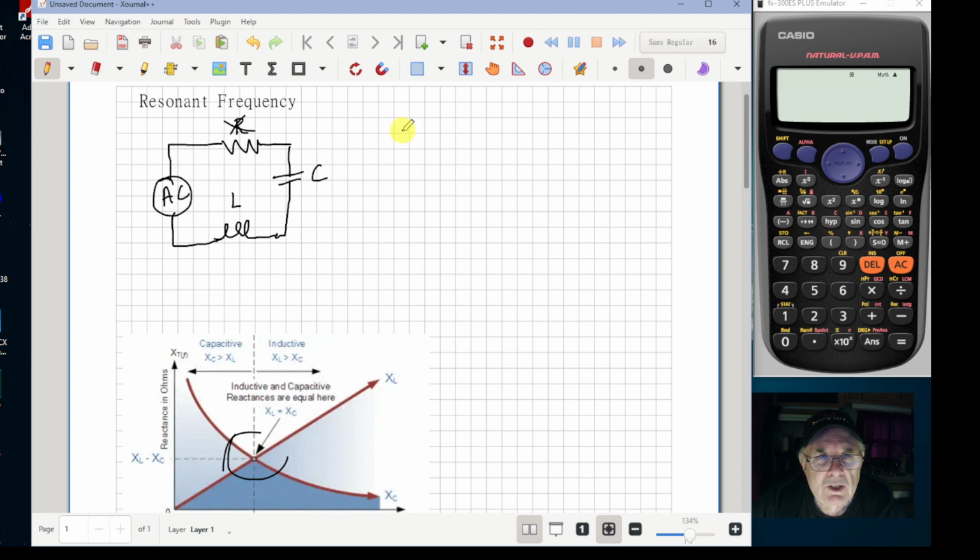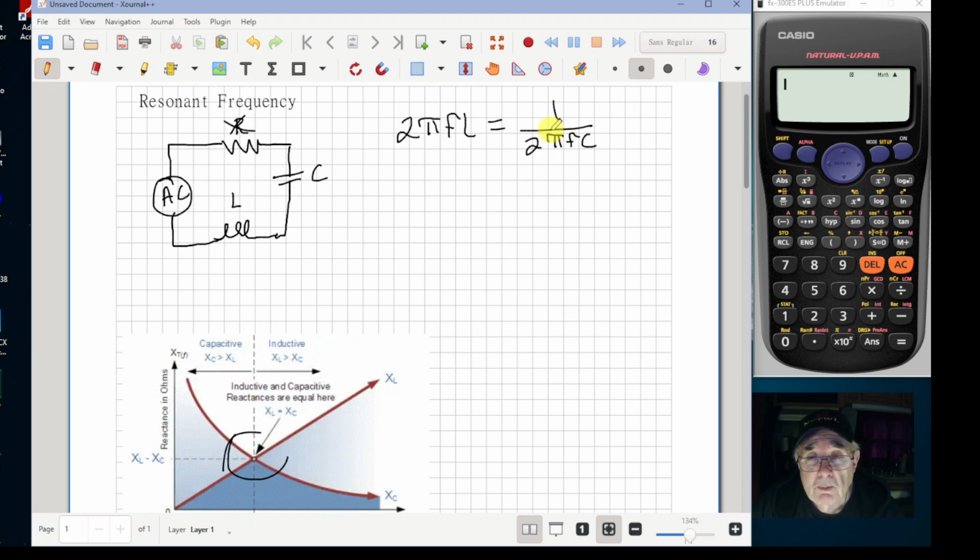We know that X sub L is 2 pi FL, and whatever that is, it has to equal 1 over 2 pi FC. And what we want to do is solve this equation for F. So this is a very good example.